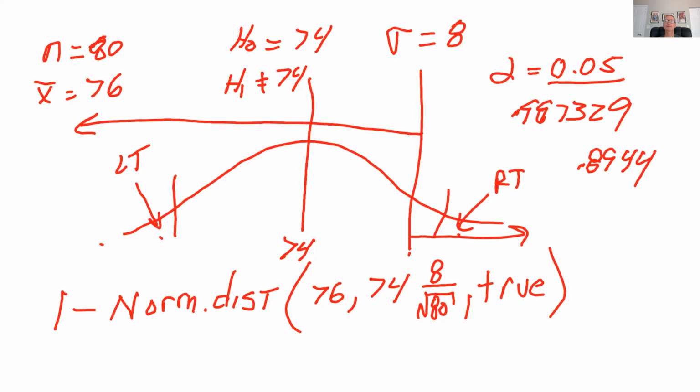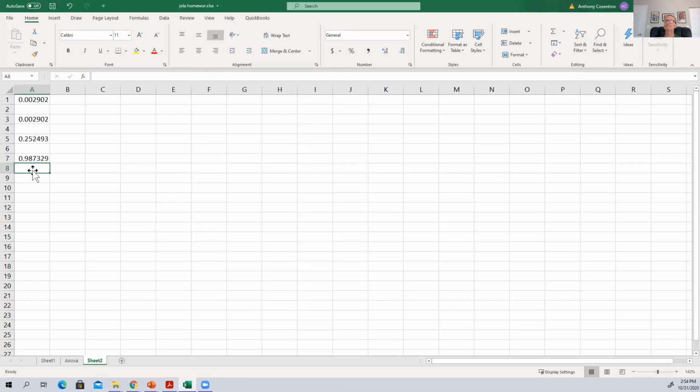So when we go back to the spreadsheet and do the 1 minus, that would just equal 1 minus. You can see it's about 1.26%. So the value that we have here is 0.126%.